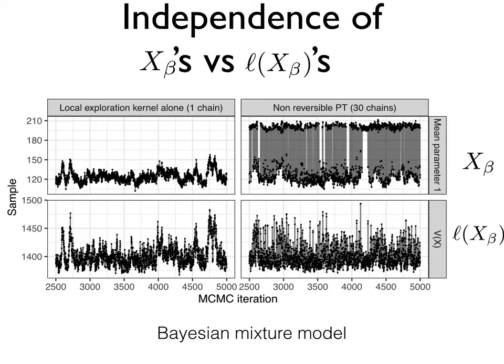Because of label switching, we see here that there's a strong multimodality. For non-reversible parallel tempering with 30 chains, we're able to jump between these two label switches, whereas if we only use the same local exploration kernel, i.e. having only one chain, we would be stuck in one of the two modes. However, even though we have this multimodality in x, in terms of the log likelihood, it turns out that using just the local exploration kernel alone gives you a fairly good approximation of this function L of x.